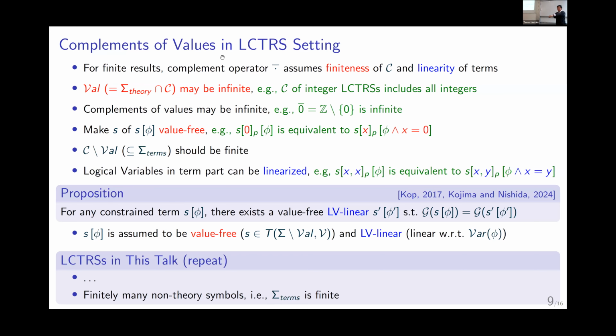And moreover, we can avoid non-linearity of logical variables. Logical variables are variables in the constraint part. For example, if we have two occurrences of x in the term part, we can replace one of them with a fresh variable y, and we conjunct this equality, and then we can linearize logical variables.